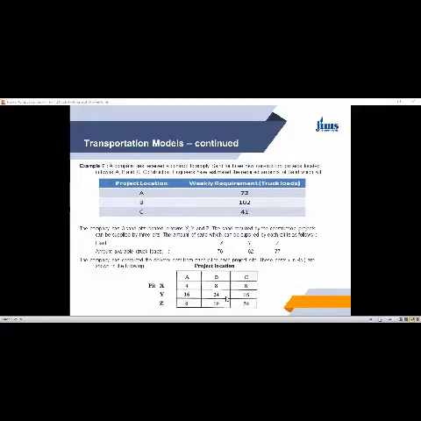So the cost of transportation from, say, pit X to project location A is 4 units. It may be 4,000 rupees or 40,000 rupees or 400 rupees, whatever you say, it is 4 units. Similarly, from pit X to location B would be 8 units. From pit X to location C is 8 units. And likewise, the cost of transportation from pit Y to all these 3 locations is also given here.